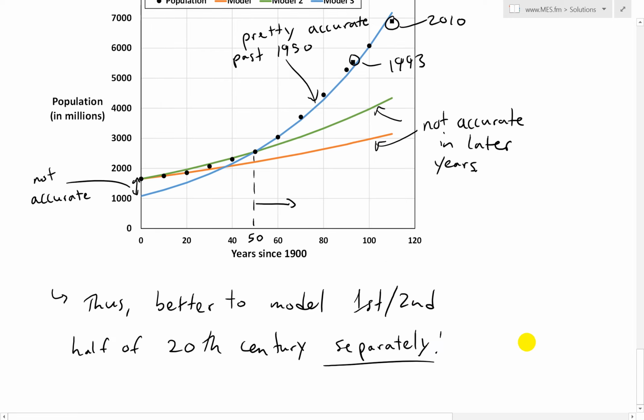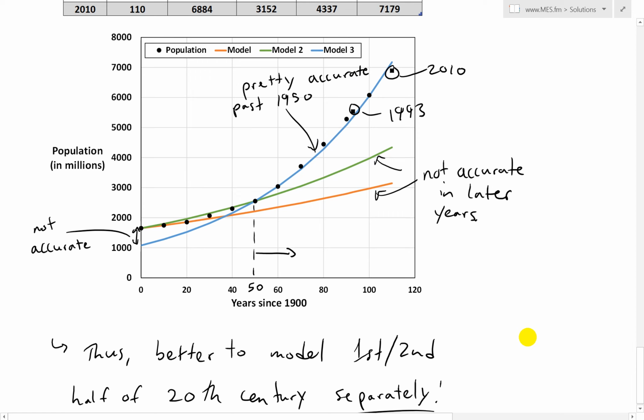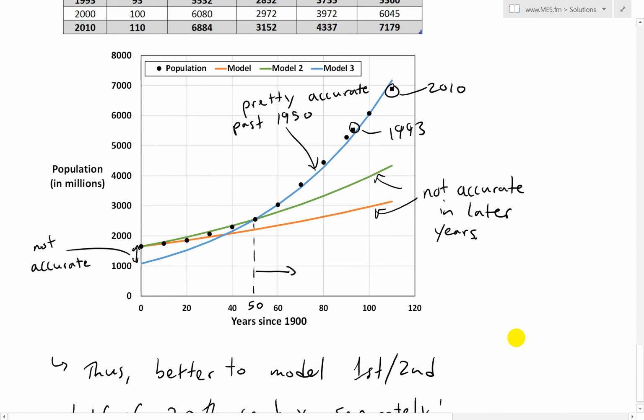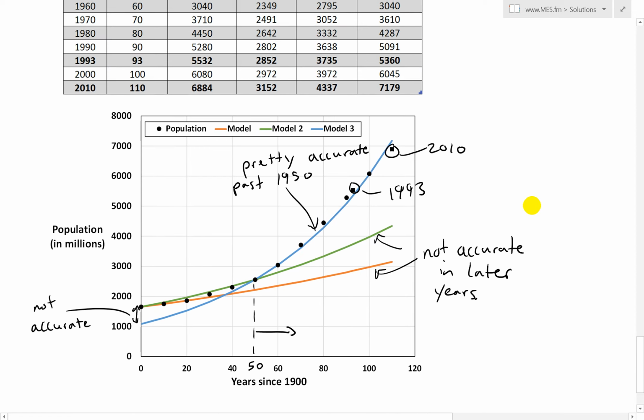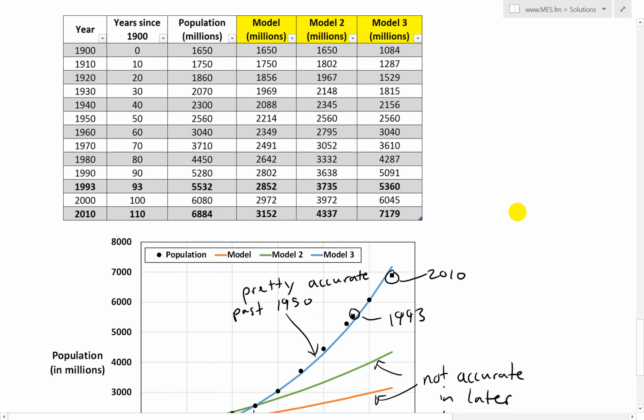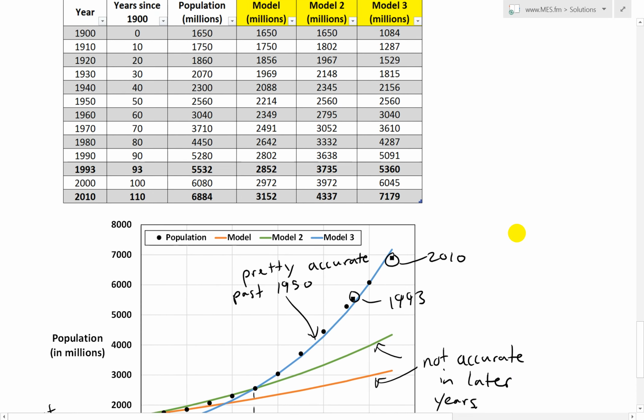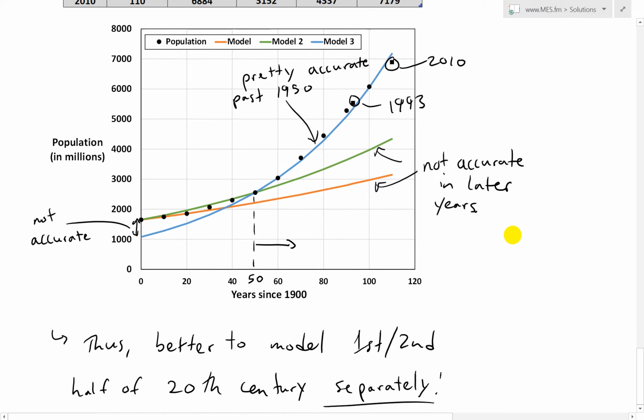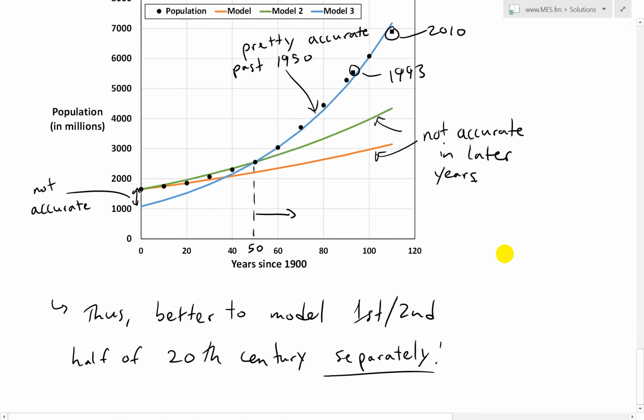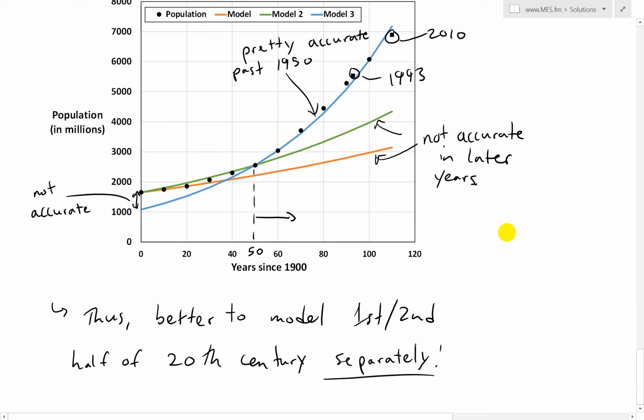So that's all for today. Basically, I just wanted to illustrate how to model the population one. But again, depending on which parts or how you break it down, you're going to have different accuracies, and also when you try to extend for a long period of time, the model sometimes just goes off because the relative growth rate will change based on the time period.